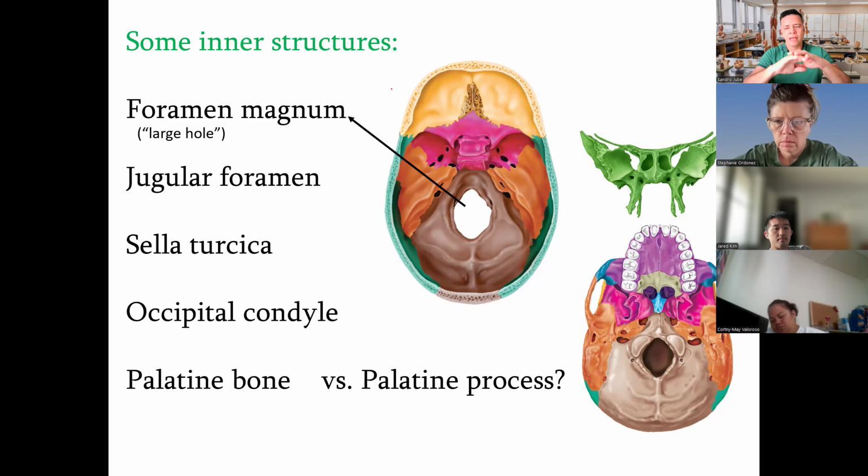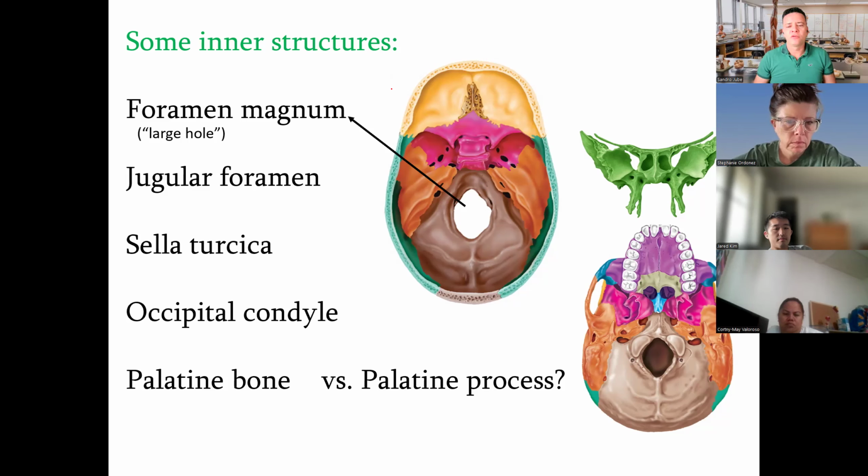Remember, foramen is an oval or round hole through a bone, and magnum means large. So this is a large oval hole on the base of the skull, which is going to allow the cord, our spinal cord, to pass right through it, which is an extension of the brain, okay?